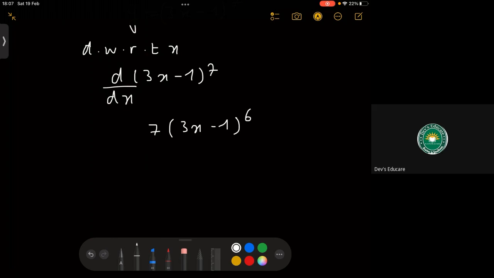So, into d over dx of (3x minus 1). Not there, not there, we can't write that. Okay.